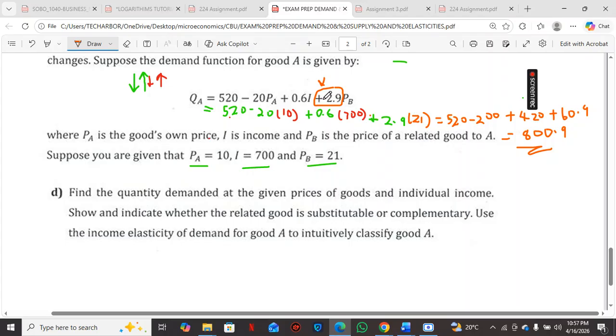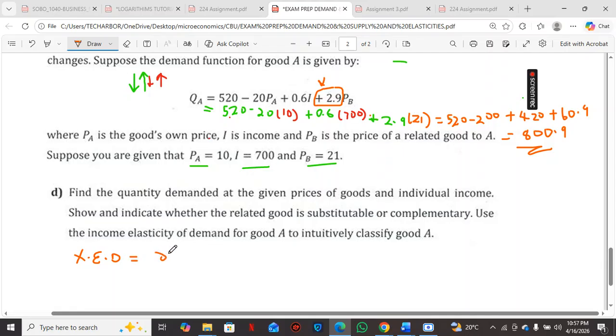But I want to show you how you can also calculate the cross price elasticity of demand to determine this. Remember, cross price elasticity of demand is how quantity demanded of good A responds to changes in price of good B, and it determines if a good is substitute or complementary.